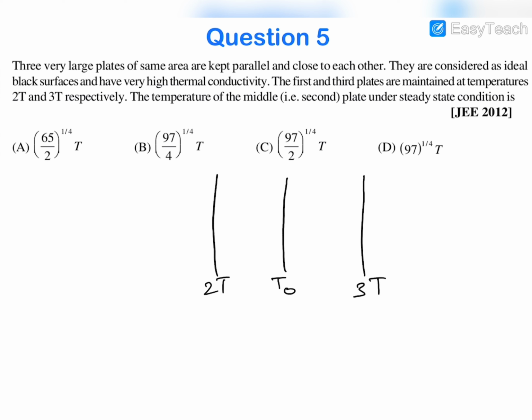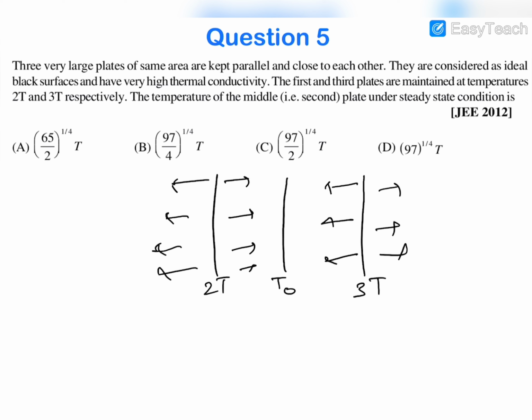We know that obviously this plate will radiate in both directions, but this plate will absorb only this radiation from this plate, and this plate will absorb only this radiation from this plate.